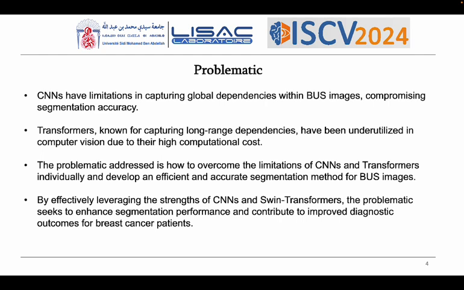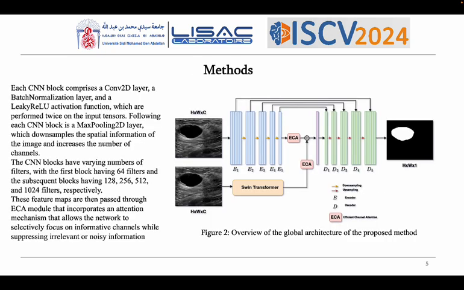And we resolve the problem of the high computational cost of transformers by using Swin transformers, an architecture that is going to enhance the segmentation performance and contribute to improved diagnostic outcomes for breast cancer patients. Now we are going to present the methods.